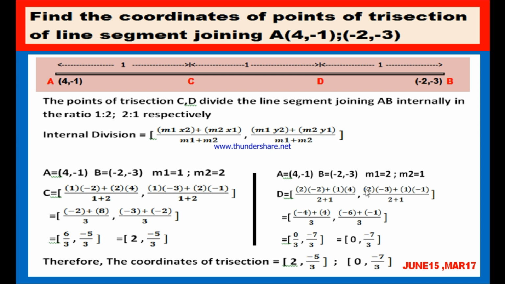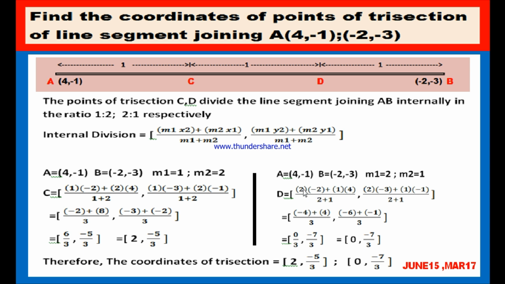Now substitute the values. m1 x2: 2 into -2, plus m2 x1: 1 into 4, by m1 plus m2, 2 plus 1. For y: m1 y2, 2 into -3, plus m2 y1, 1 into -1, by 2 plus 1.